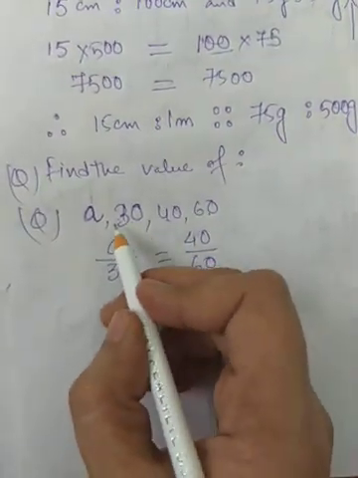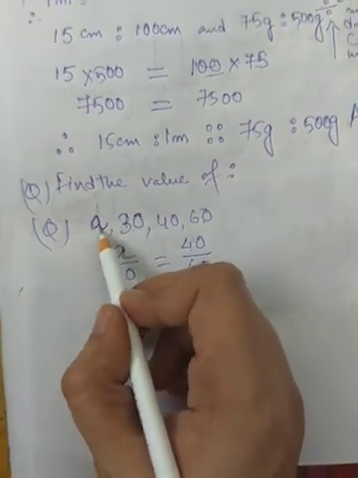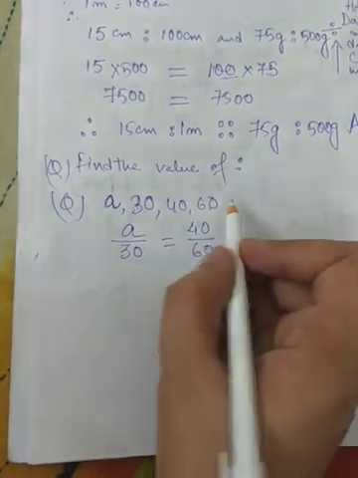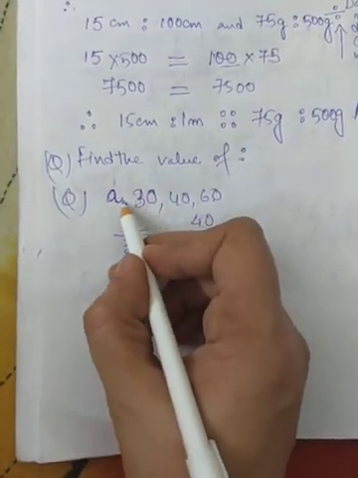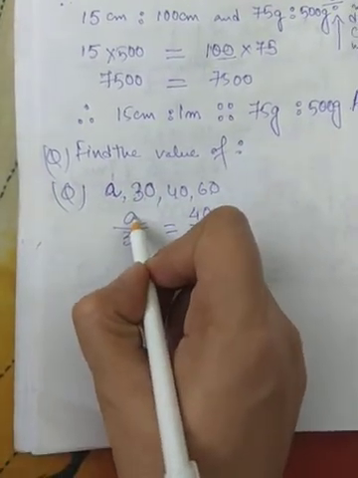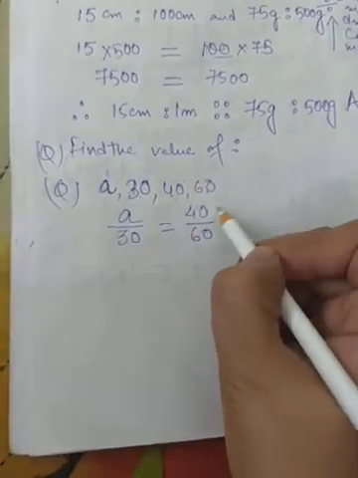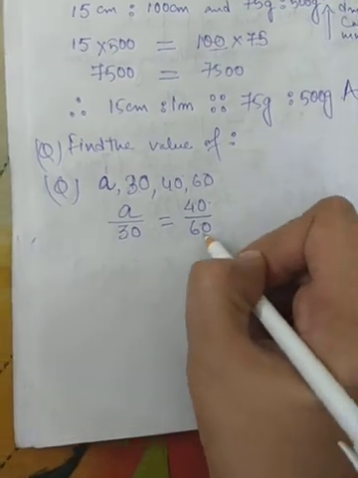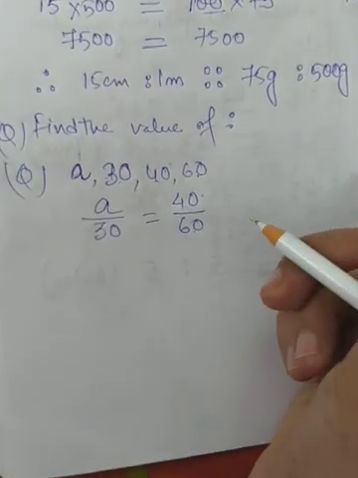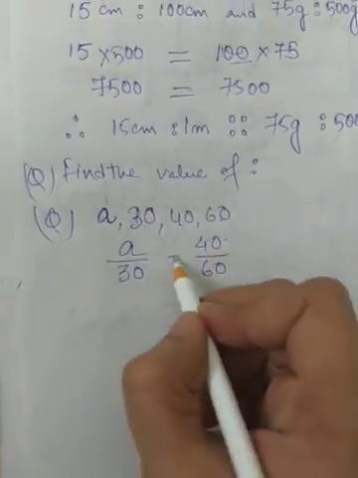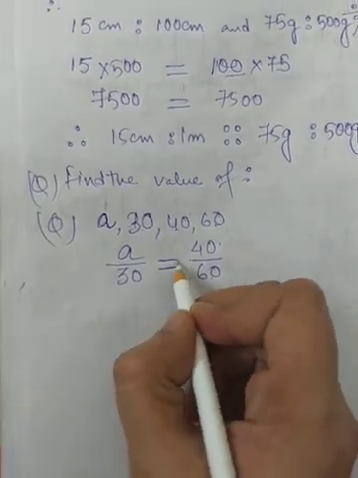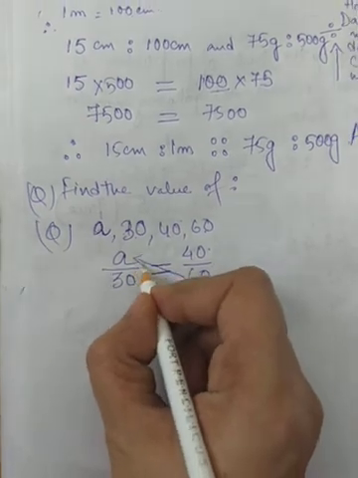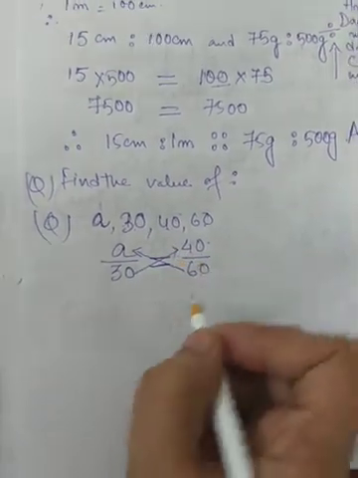And we have to take care that we are placing the numbers correctly. If this is the first term, I have to write it here itself. If this is the third term, then I will write it here. If this A is in the fourth term, then I have to write it over here. Clear, students? Don't get confused. Now what we will do is, this is the equal to sign. We are going to cross multiply. See, this is called cross multiplication.